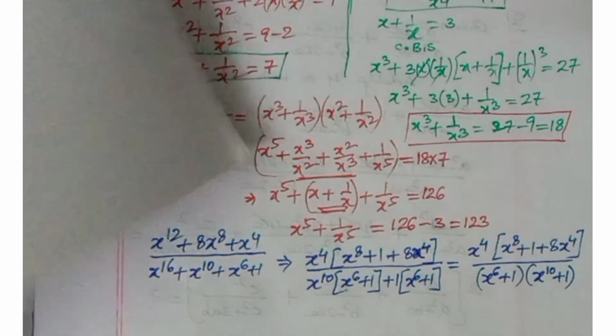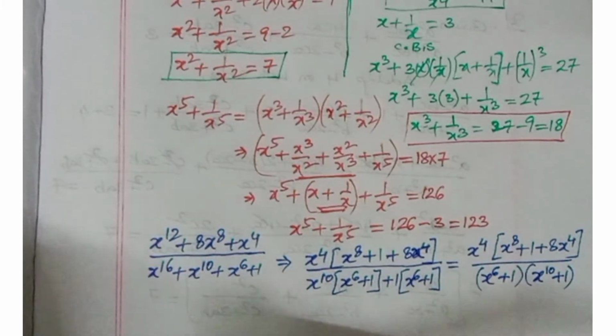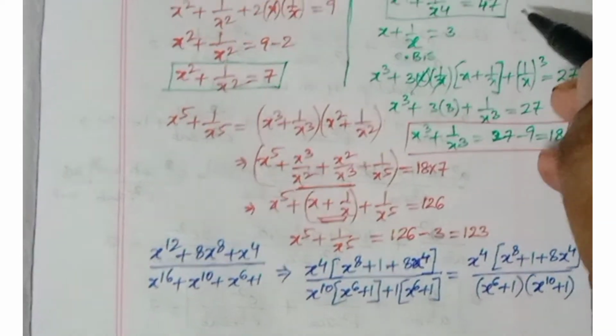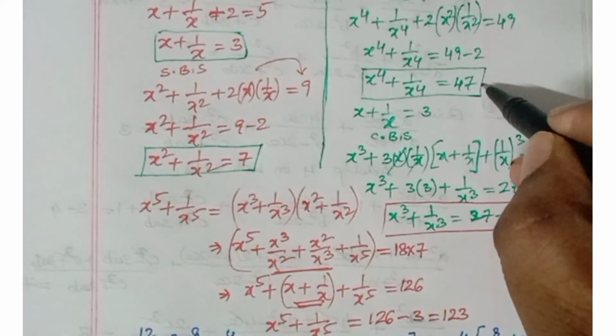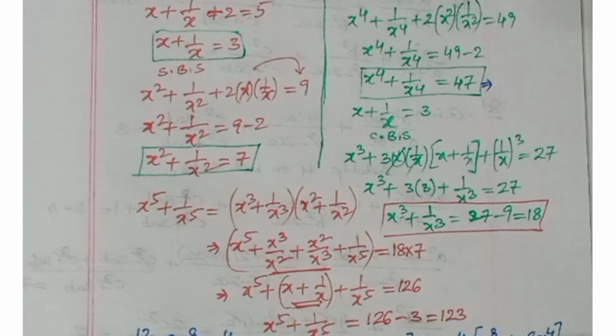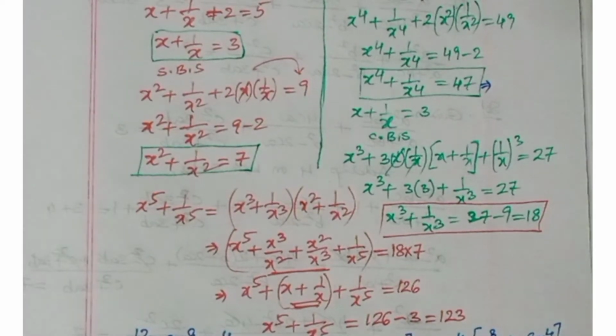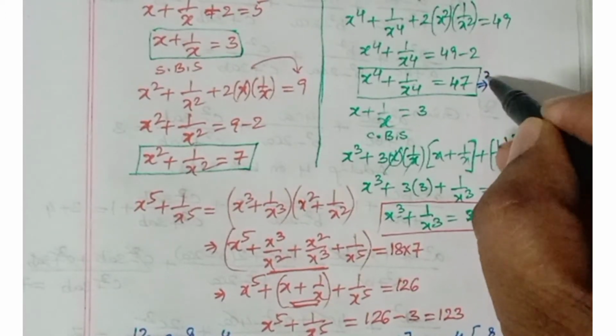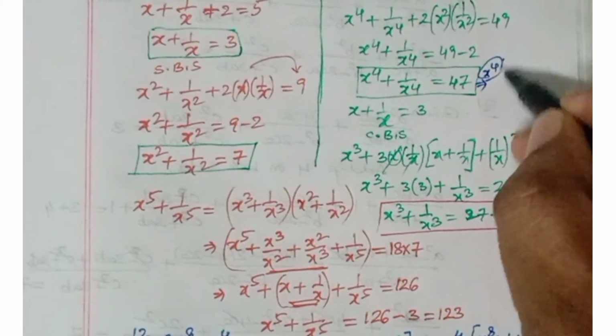So here you may get a doubt: what are you doing and what are you getting? From this, what you will do is multiply with x power 4.